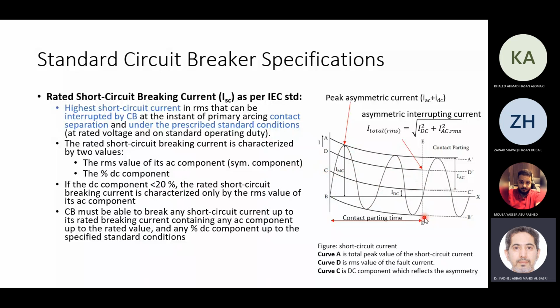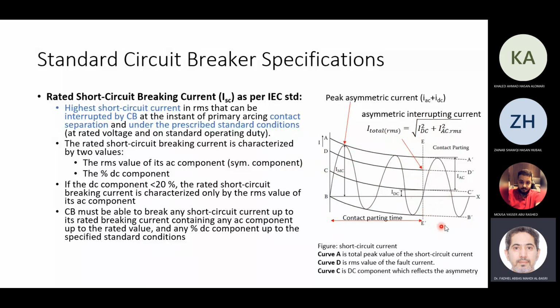At the contact parting time, the current still has a DC value plus the AC components. So the total current that a circuit breaker should be designed to break is the square root of the DC squared plus the RMS value of the AC components squared. This gives you the total asymmetrical current that the circuit breaker should be able to interrupt.